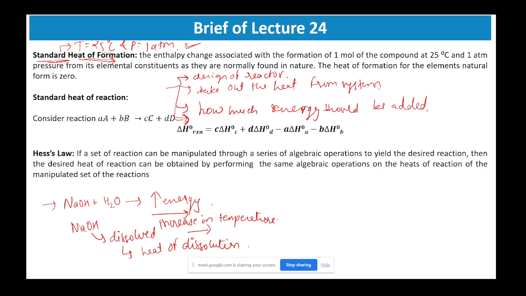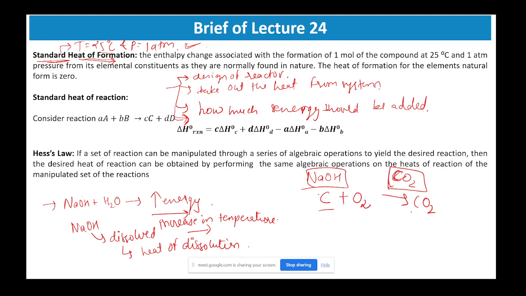Say for example, let's say CO2. If I want to prepare CO2, then this is the product, and I will prepare it in such a way that I need to write its elemental constituents.